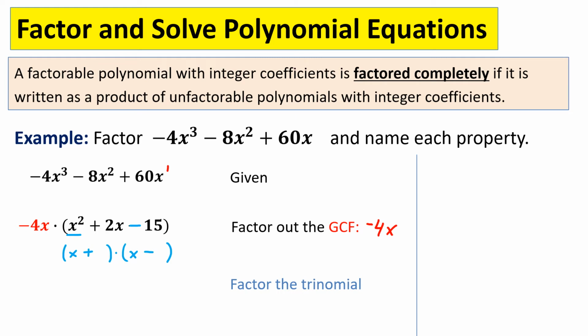And I need two numbers to multiply to give me -15 and add up to give me 2. So that would be +5 and -3. Put it all together, and that's our answer: -4x multiplied by x minus 3 multiplied by x plus 5. Let me just highlight that.